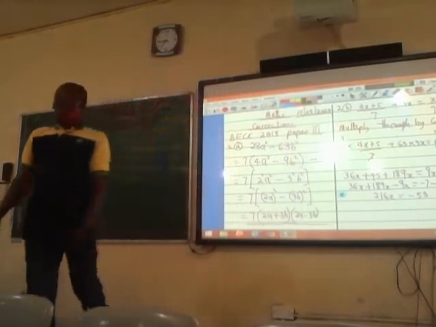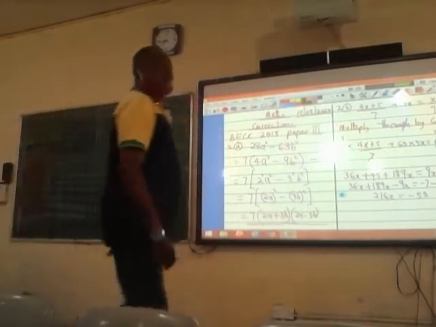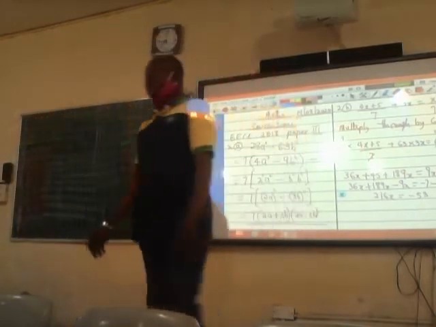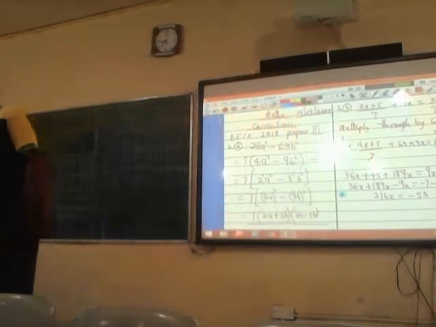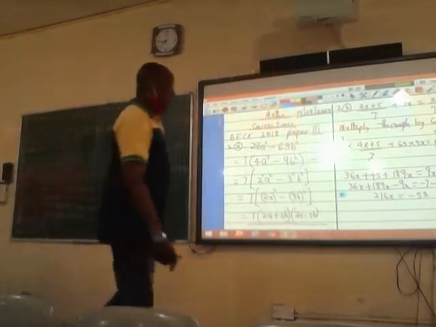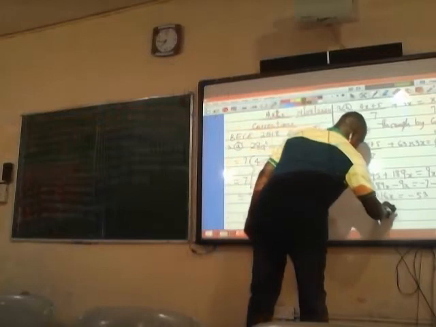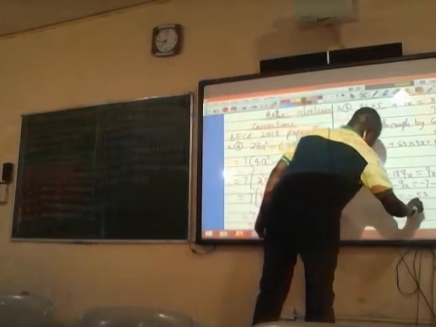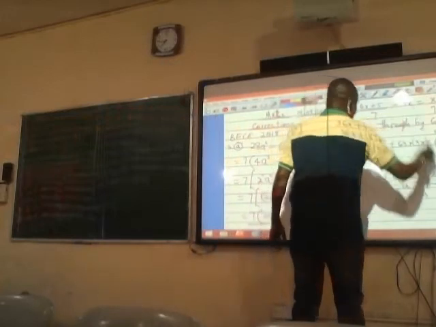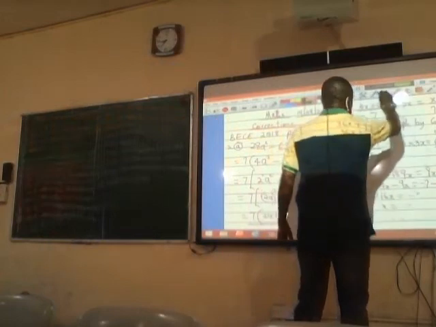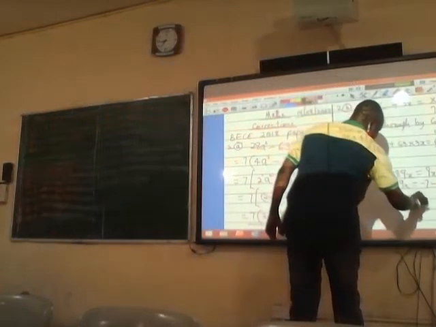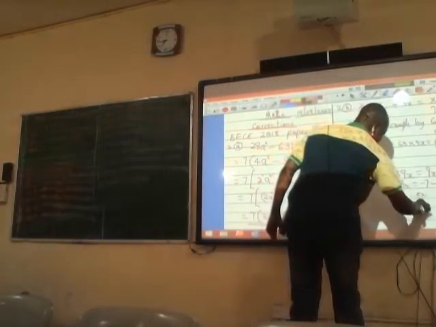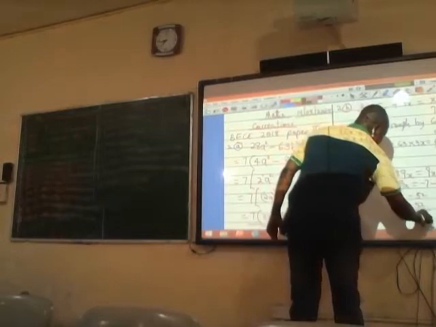Any question? So now, what are we supposed to do to get the value of x at this point? Divide both sides by 216. That means x will be equal to minus 52 divided by 216.